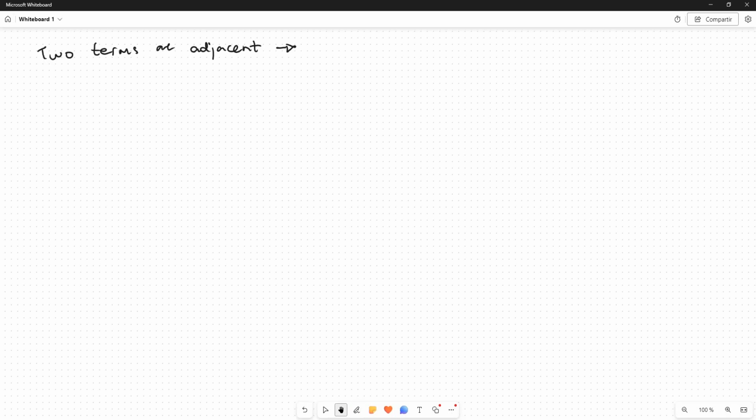For example, we have this function with 3 variables, a, b, and c, and the function is this way. These 2 terms of the function are adjacent because they only differ in one variable.